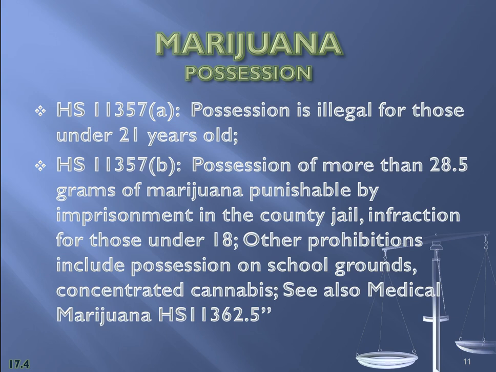Health and Safety Code 11357(b) says possession of more than 28.5 grams of marijuana is punishable by imprisonment in the county jail, or an infraction for those under 18, and other prohibitions that are out there include possession on school grounds, concentrated cannabis, and also we're going to have to look at medical marijuana.